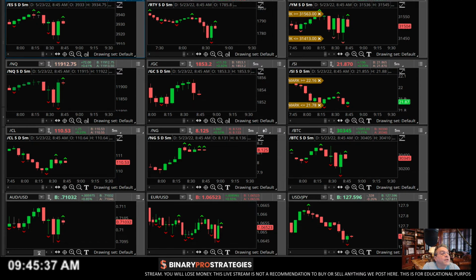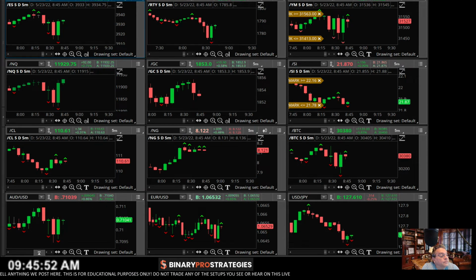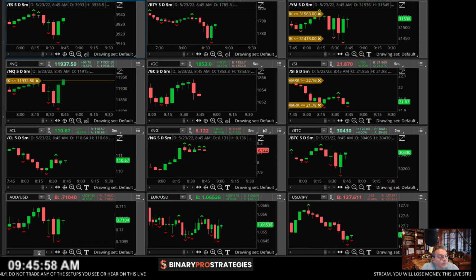Okay, so NQ, which is going to be your mini NASDAQ, went long at 118.95 with a target of 119.32 and a half. Profit target hit.